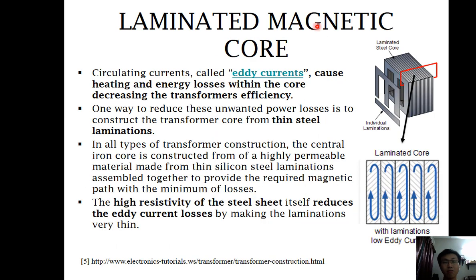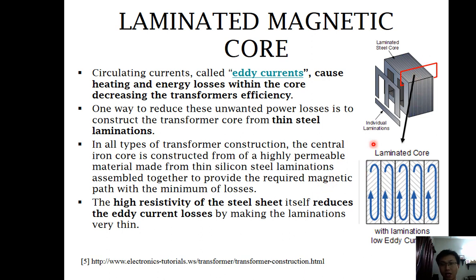Then, laminated magnetic core. Circulating currents we call eddy currents. This is called circulating current, with a laminated core giving low eddy current. For example, this core, if I cut here, then I will see this. We have many laminated sheets: this is one steel sheet, one steel sheet, one steel sheet.